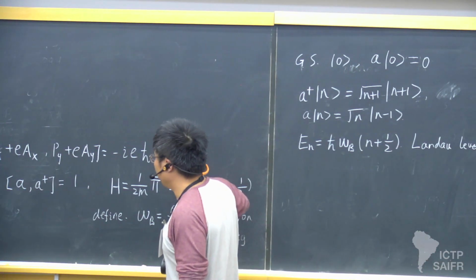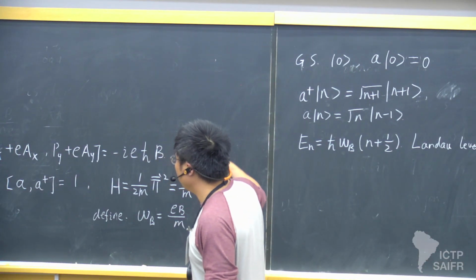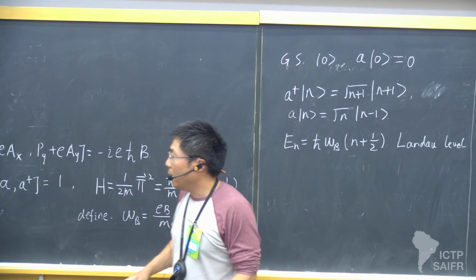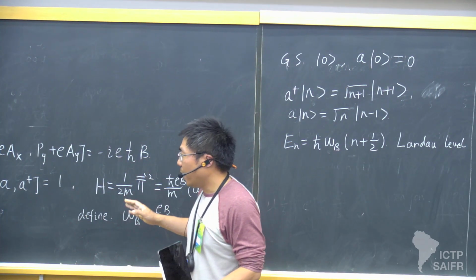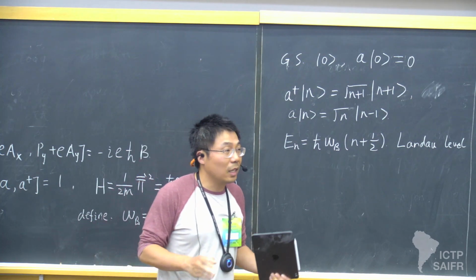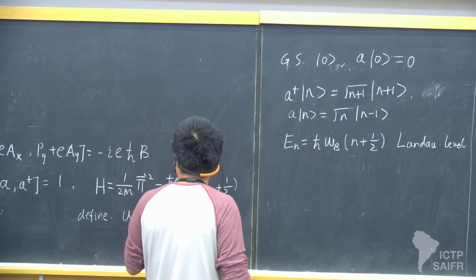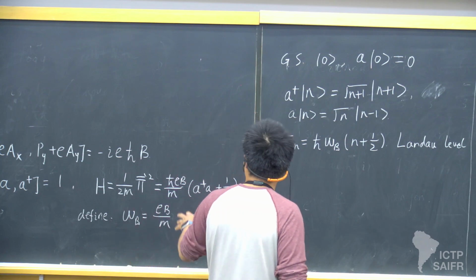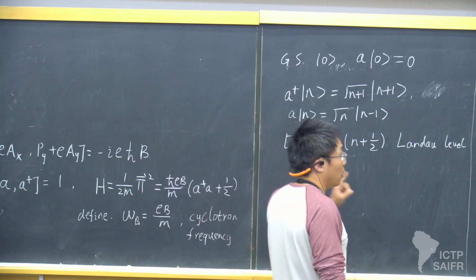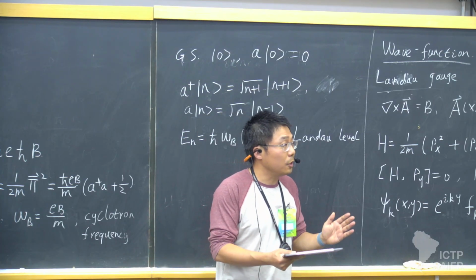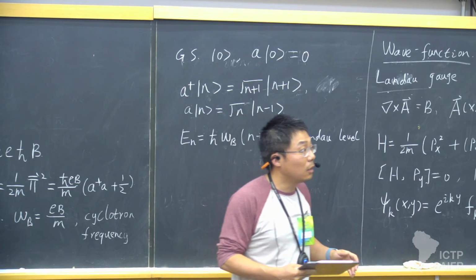If I formulate this problem using those creation and annihilation operators, I miss some degree of freedom. It's kind of obvious if you think about it in a simple way: my harmonic oscillator only has 1 degree of freedom, but the original problem has 2 degrees of freedom, x and y.